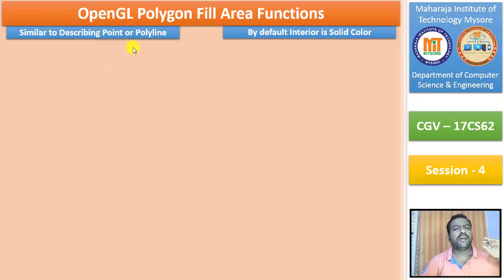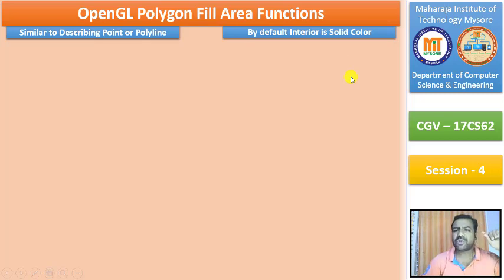As I discussed about the basics of polygons, a polygon should have a well-defined interior. Hence by default every polygon in OpenGL is filled with a solid color. Later on you can think about what to do with the interior, but right now stick to the default, that the interior of a polygon is filled with a solid color.